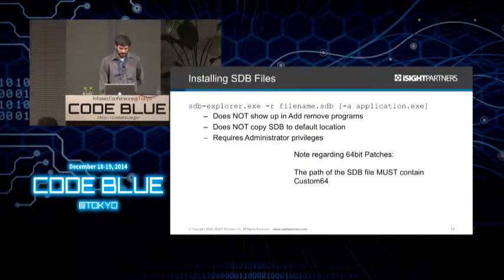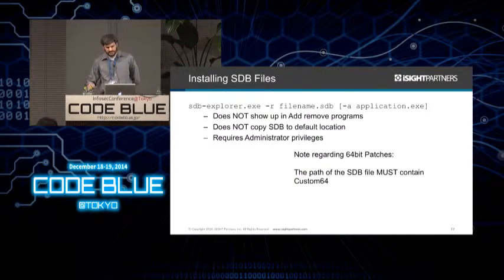So when I was starting my research, I was looking into how this worked, and I decided to add this feature of installing or registering SDB files. And so if you register them through SDB Explorer, it does not have the side effect of showing up in add and remove programs, and it does not copy these SDB files to the default locations.